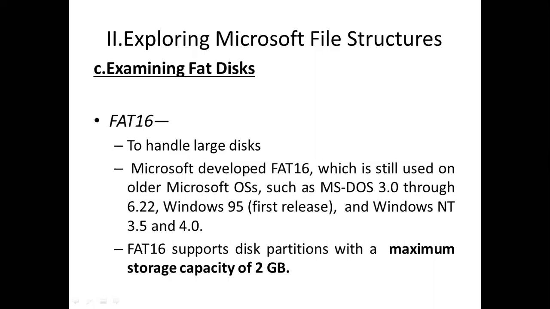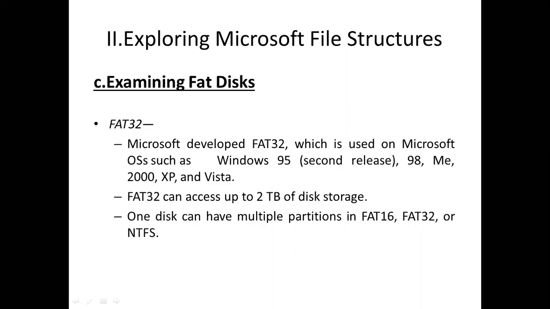And the maximum storage capacity is 2 GB. So when we go to FAT32, the access increases up to 2 TB of disk storage. But let's see the difference between FAT16 and 32 now. So generally, FAT32 allows 4 million allocation units per volume.